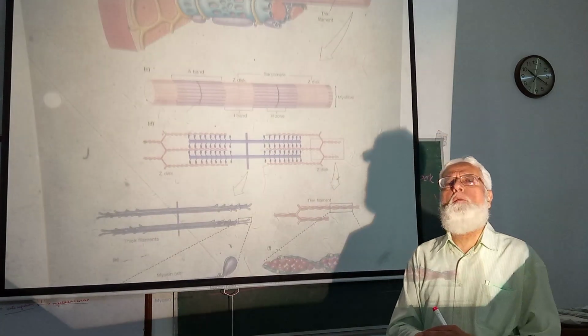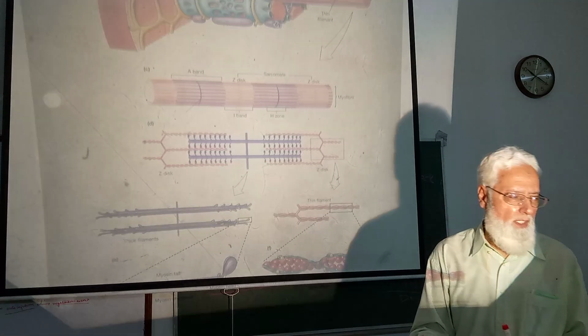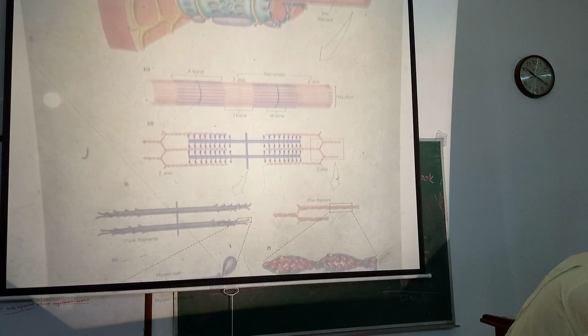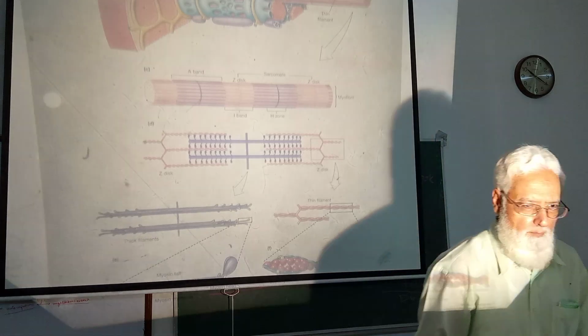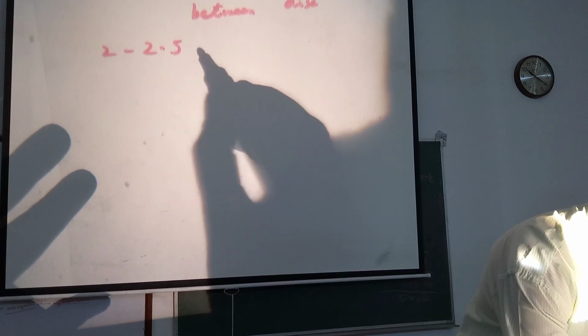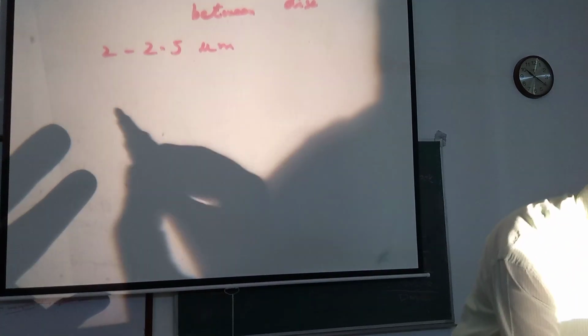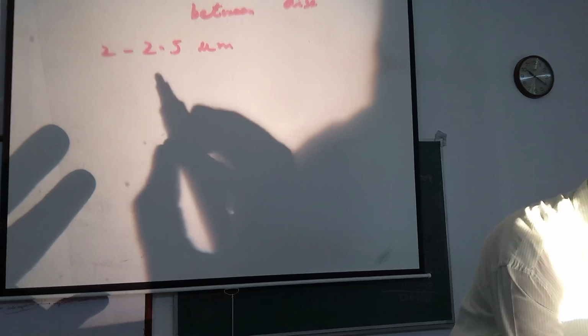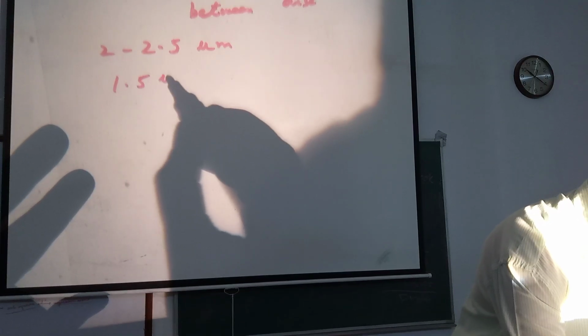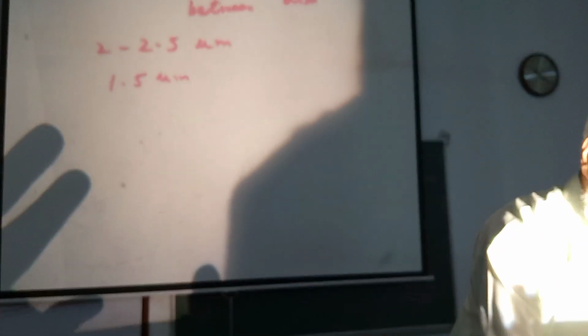The length of the sarcomere at rest is between 2 to 2.5 micrometers.